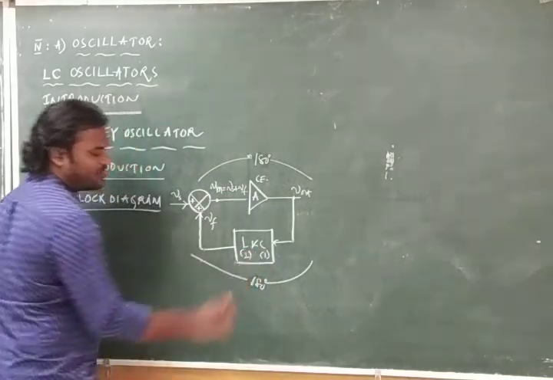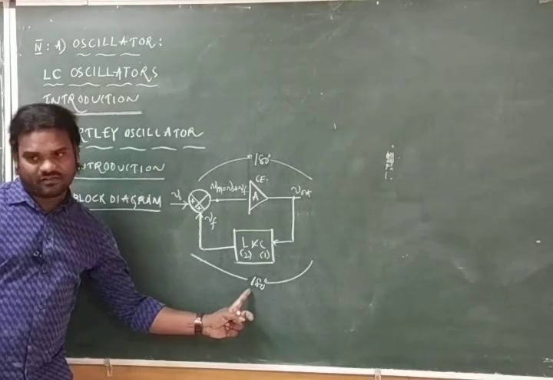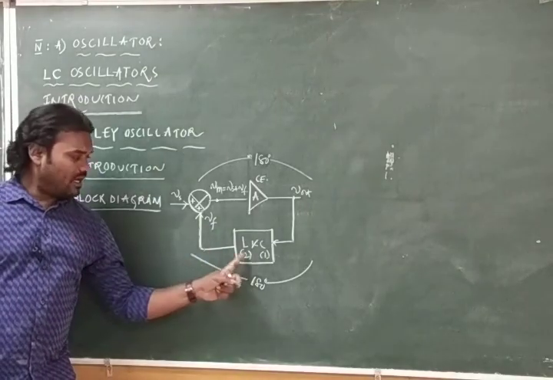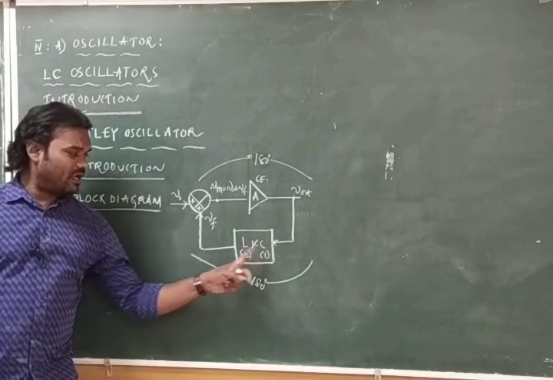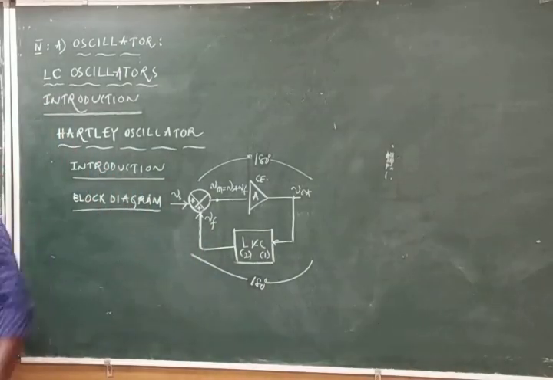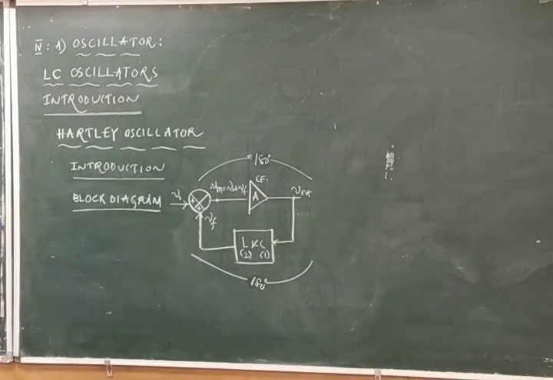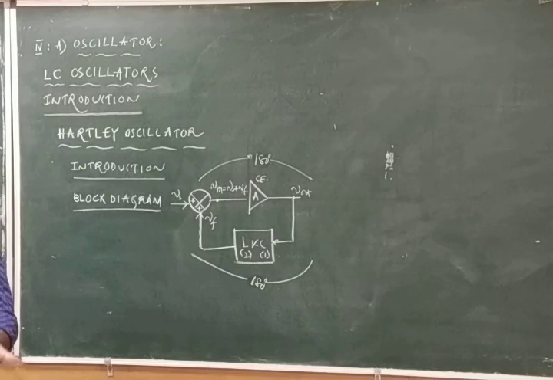Here you should remember that two capacitors and one inductor can provide the 180 degree phase shift. One capacitor and two inductors also provide the 180 degree phase shift. You have to remember this point. In the case of LC oscillators, whether Hartley or Colpitts, the positive feedback is able to provide how much phase shift?